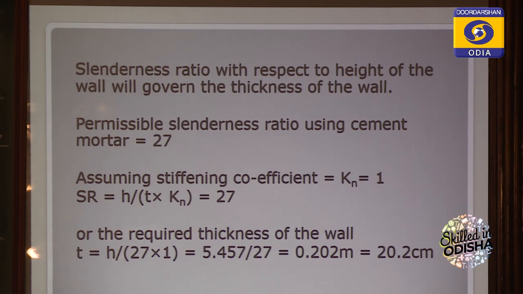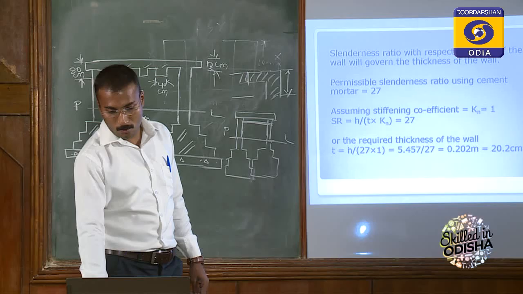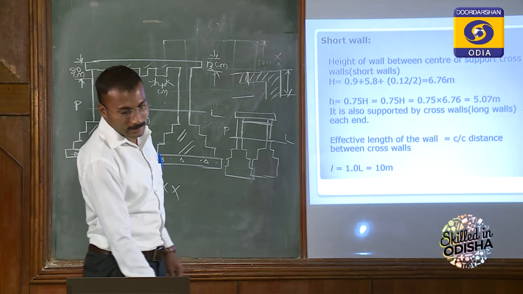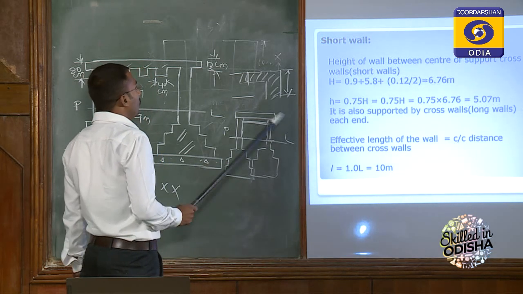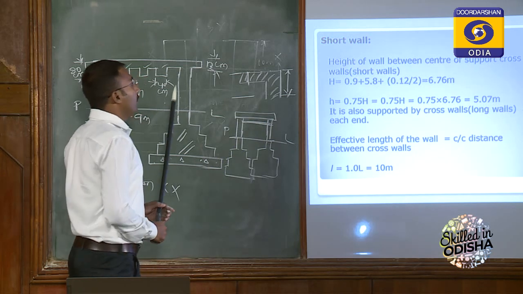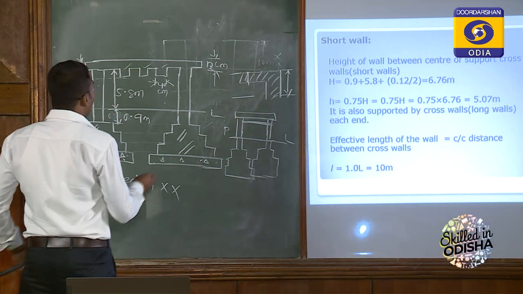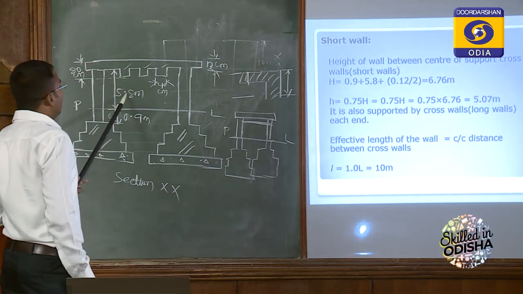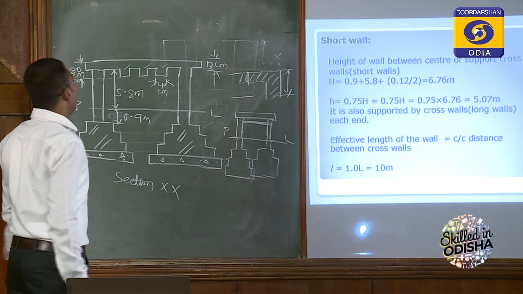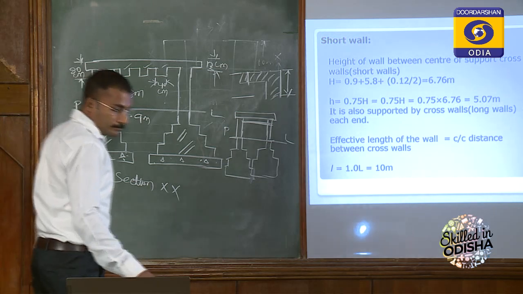So now we have to calculate the thickness of the short wall from that slenderness consideration. So in the short wall we have to again calculate the height. What will be deducted? See here, this 0.9 plus 5.8 plus 0.12 by 2.